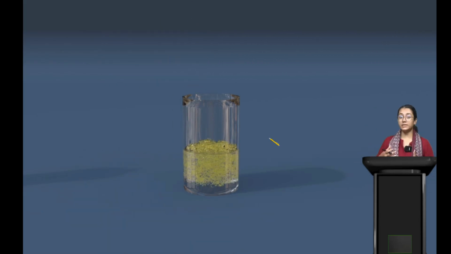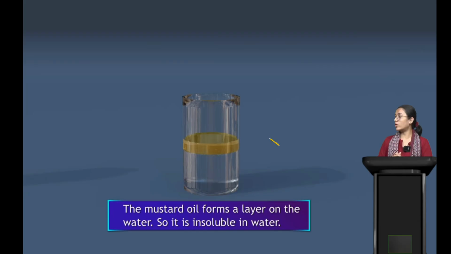Even if we stir them and try to mix them, they won't get mixed together and will form two separate layers, isn't it? So the mustard oil forms a layer on the water. One layer is the layer of water, and the second is the layer of oil. Two separate layers are there, isn't it?